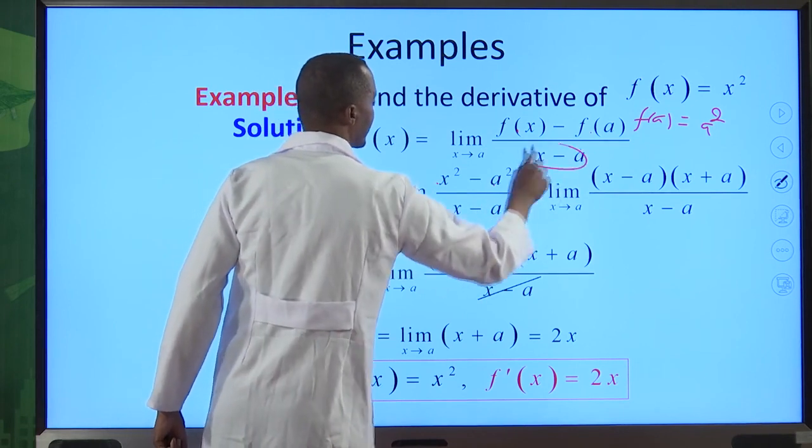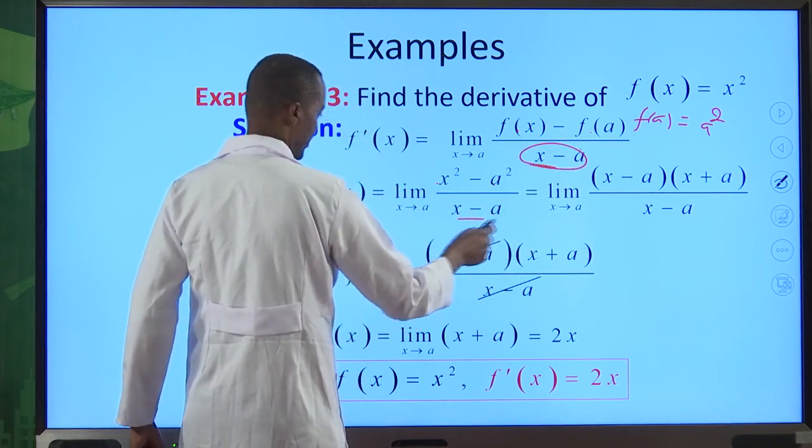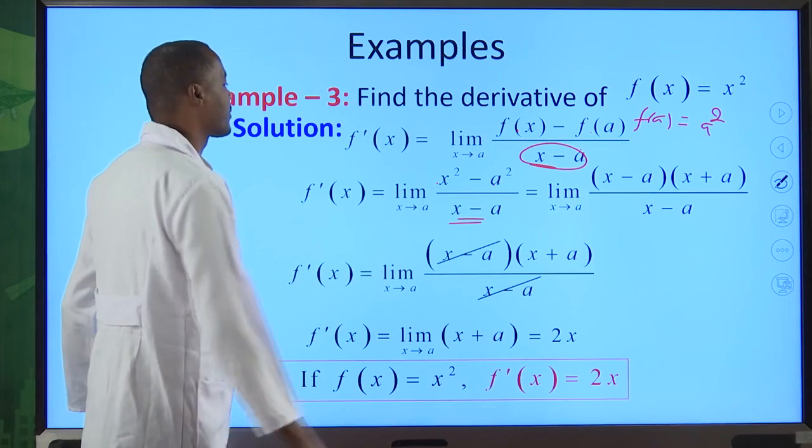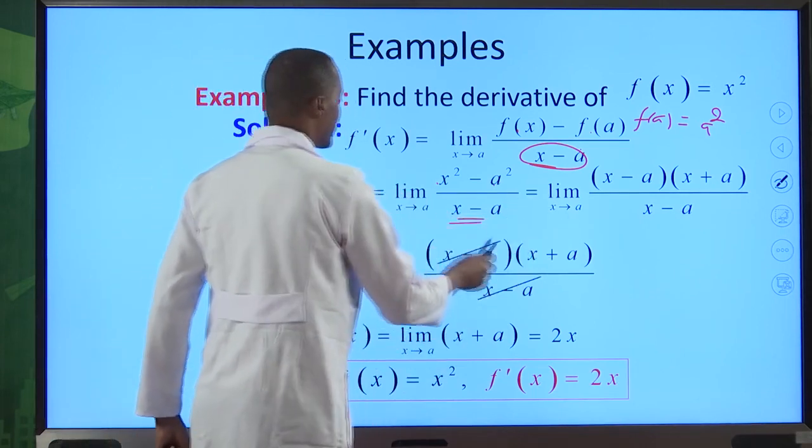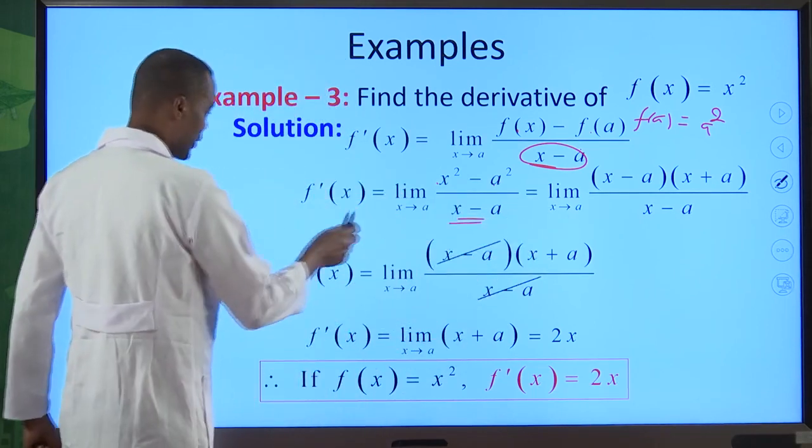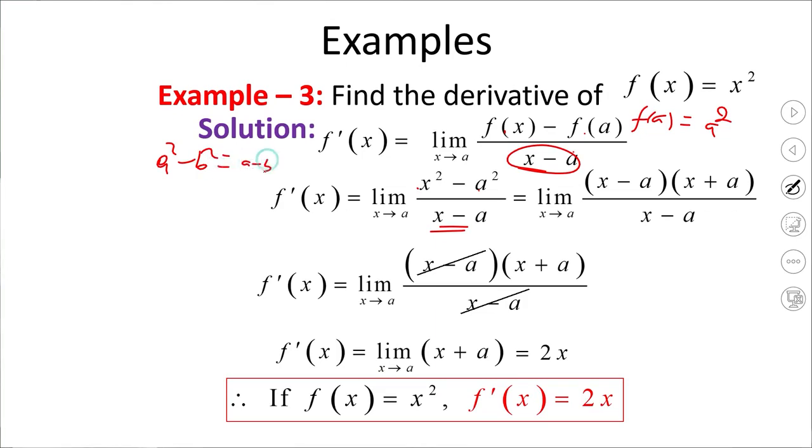side, that is this x minus a, is already kept here, which is equal to the limit of, as you know in mathematics, if we have a squared minus b squared, that is always a minus b into a plus b. That is the way we factor. A squared minus b squared is a minus b into a plus b.